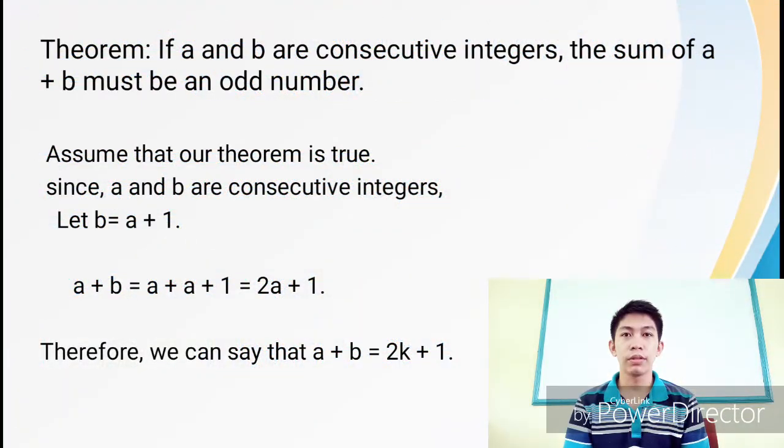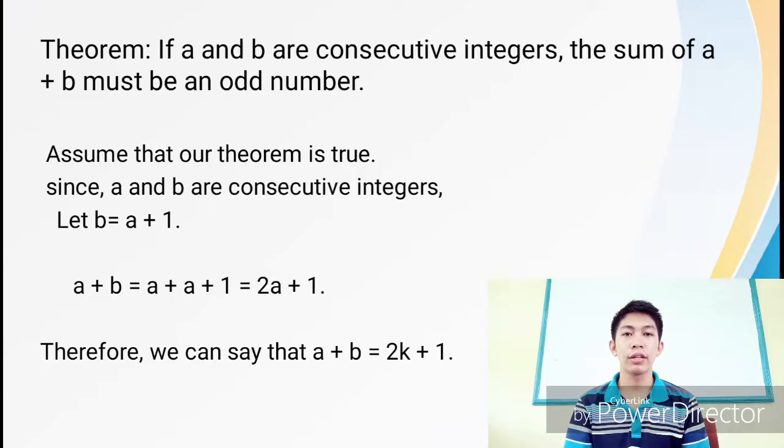Say for example, if A and B are consecutive integers, the sum of A plus B must be an odd number. Following the steps we laid out before, we first assume that our theorem is true. We then can say that since A and B are consecutive integers, B is equal to A plus 1. In that case, A plus B can be written as A plus A plus 1, or 2A plus 1.